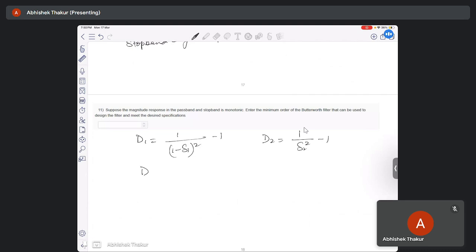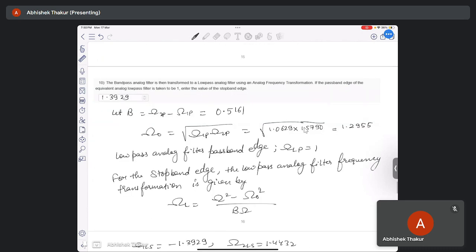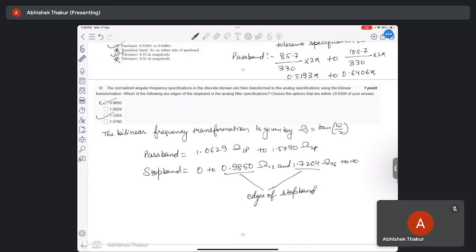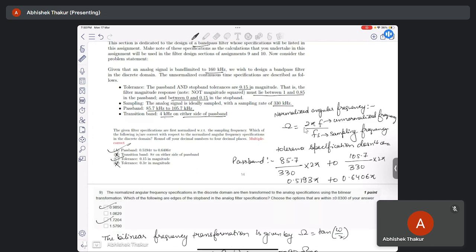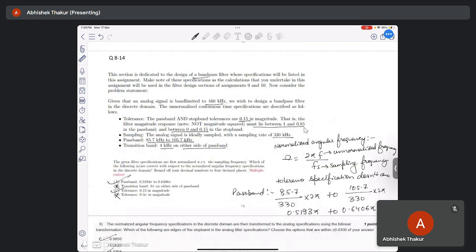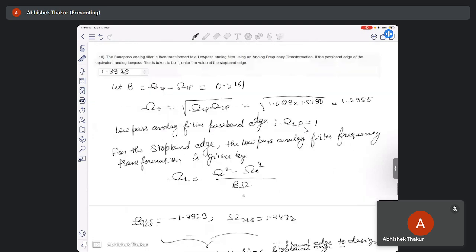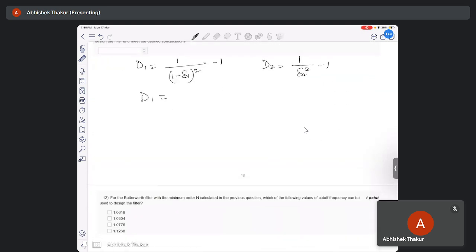So when you substitute this value, because we have given the values of tolerance, that is 0.15 in the magnitude, we will get D1 as 0.3841 and D2 is equal to 43.44.